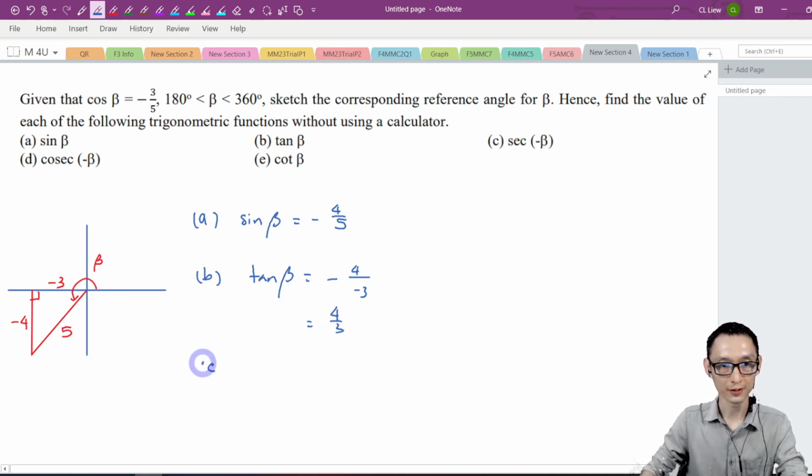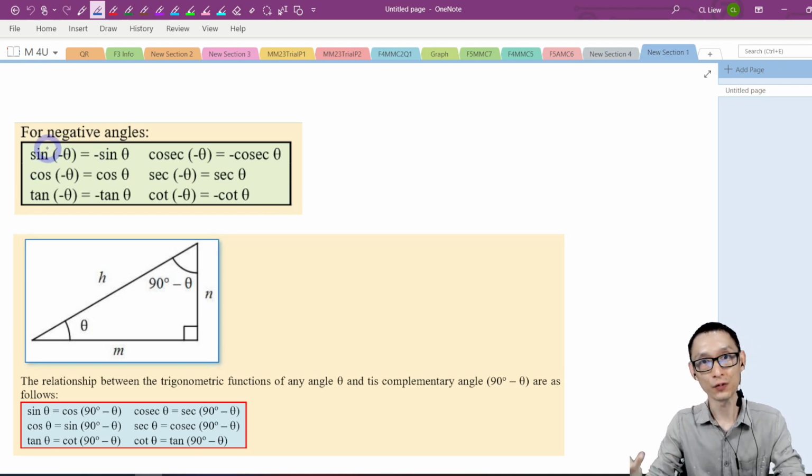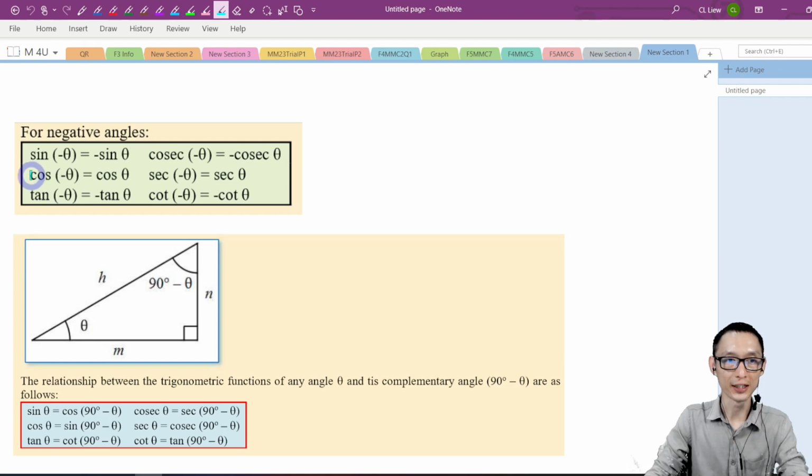Now how about C? Okay, for this one, we need to go back to this. I hope that you remember this, right? So sine negative theta is equal to negative sine theta. When you put a negative for the angle, like negative 60 degrees, negative 30 degrees, you just add a negative in front of it like this one. But when you deal with cosine, you don't have to add a negative.